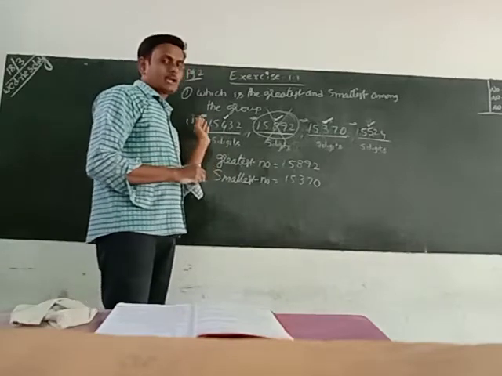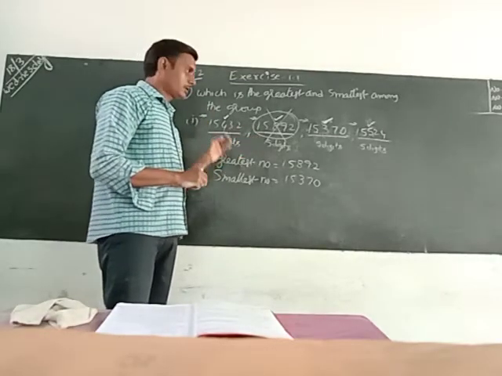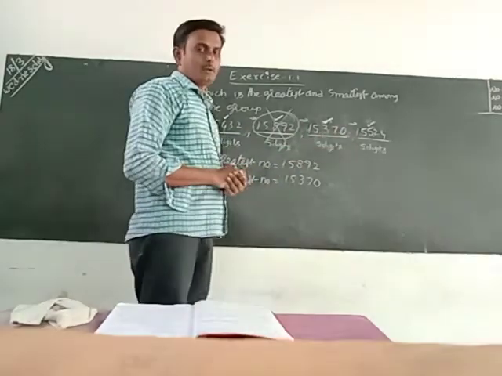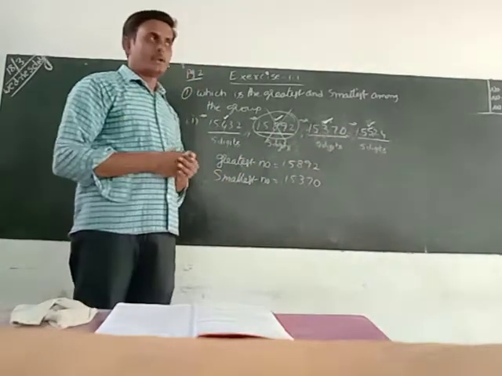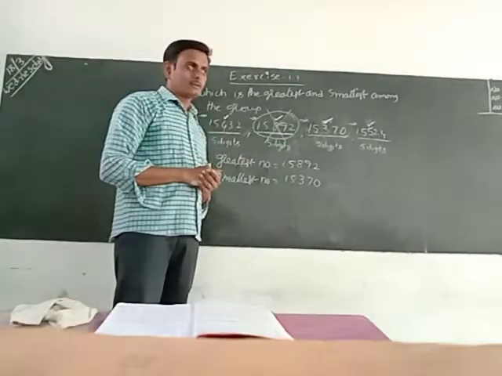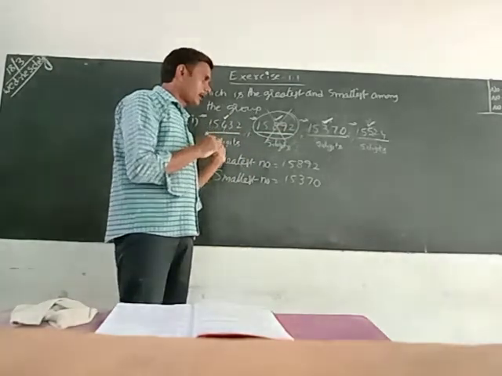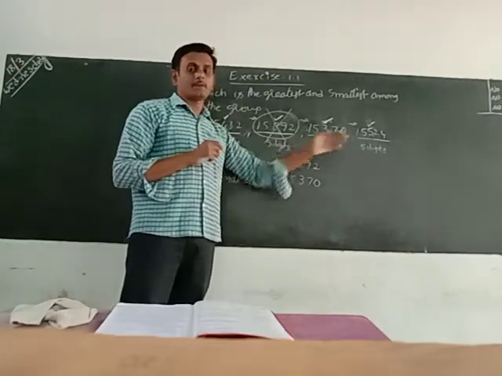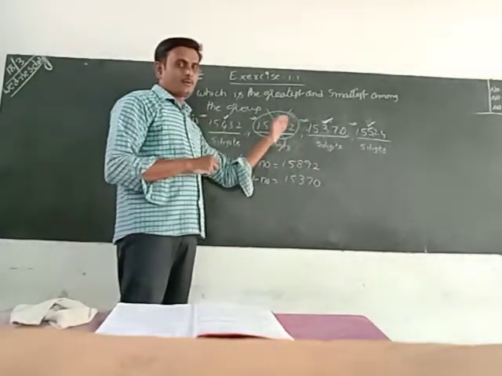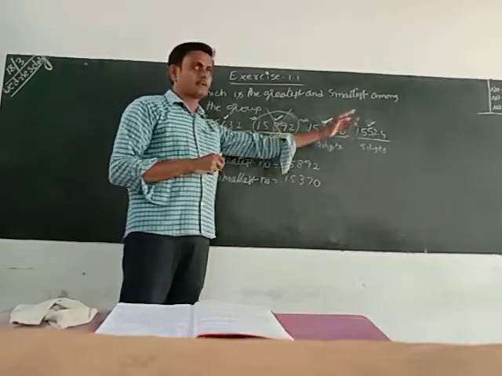What have we done here? First, take the given numbers. In those given numbers, identify the number of digits in each number. After identifying the digits, check whether they are equal or not. If all have an equal number of digits, compare from the left side of each number, from the first digit.